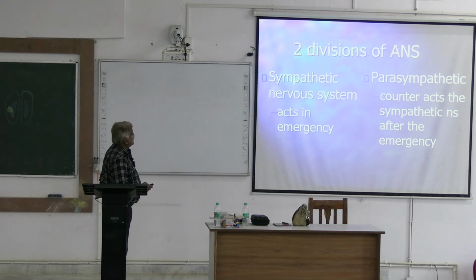There are two divisions of the autonomic nervous system: the sympathetic nervous system and the parasympathetic. Sympathetic acts in emergency. Parasympathetic counteracts the sympathetic nervous system after the emergency.